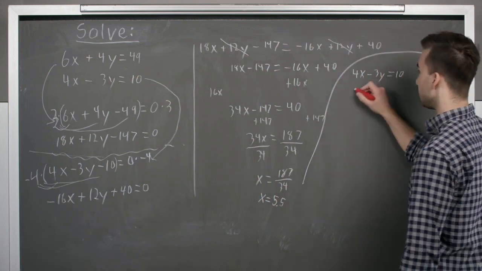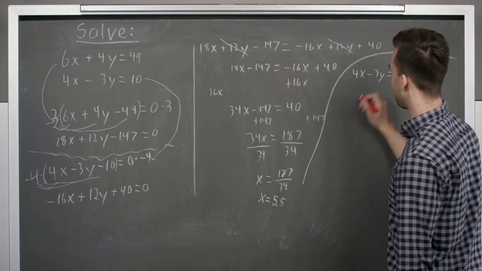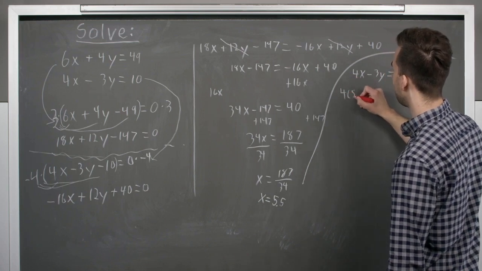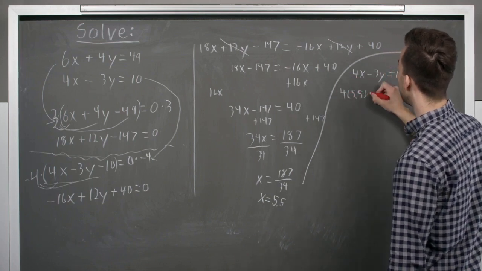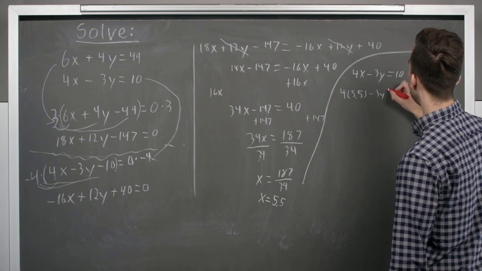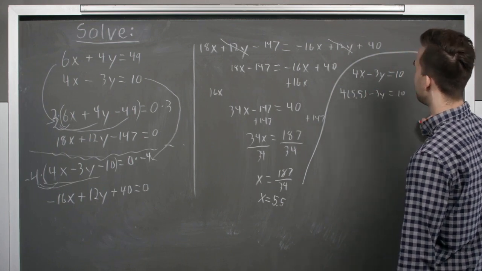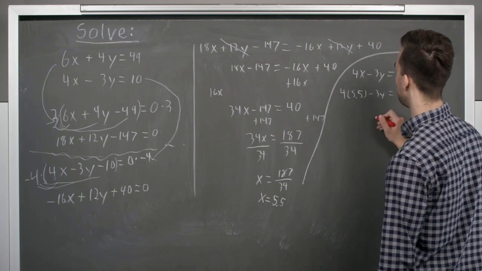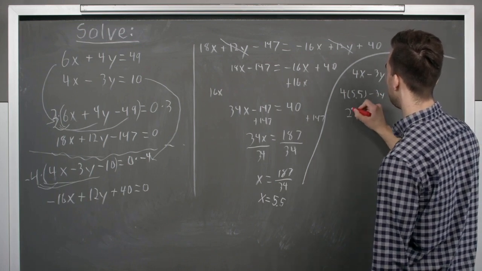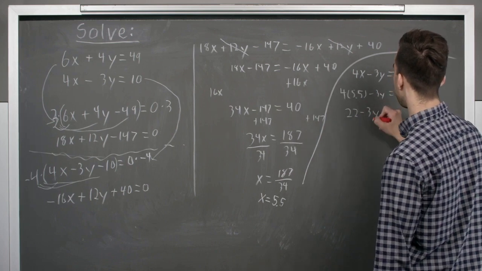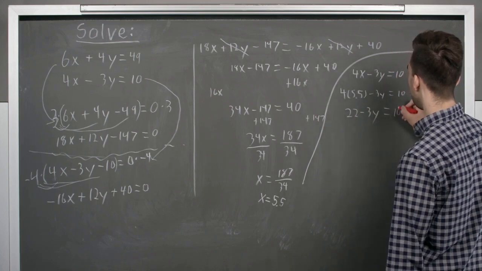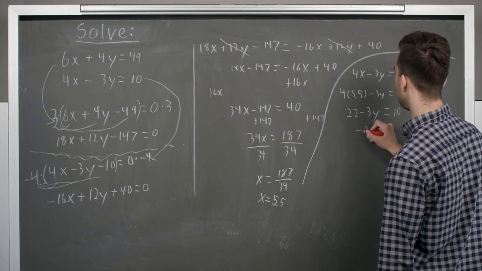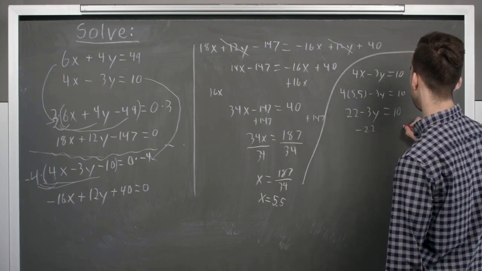So if x is 5.5, we can write this as 4 times 5.5 minus 3y is equal to 10. So 4 times 5.5 is 22. 22 minus 3y equal to 10. Now let's subtract 22 from both sides. Negative 22 and then negative 22.